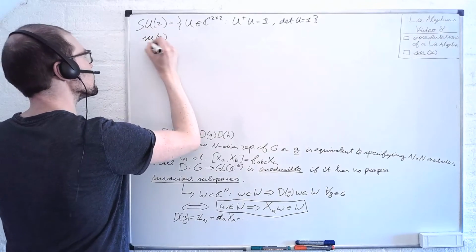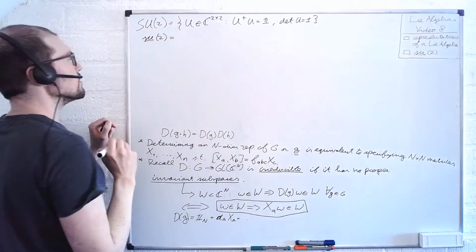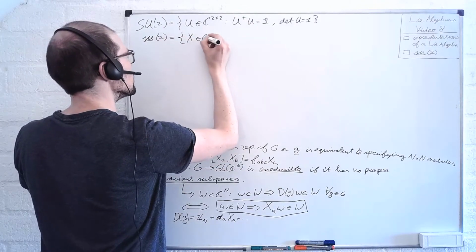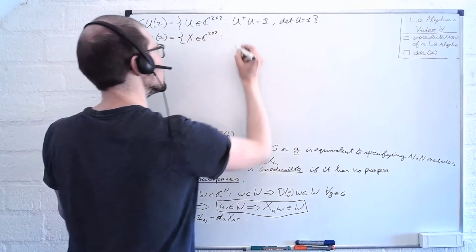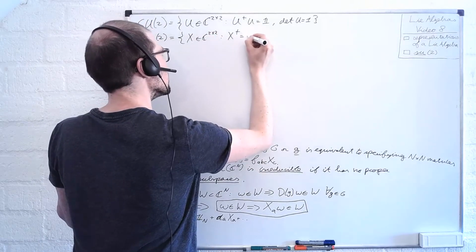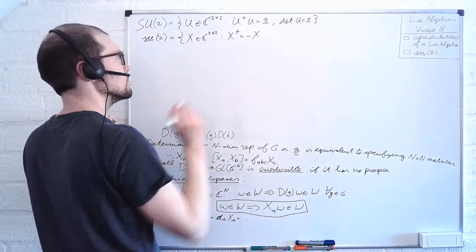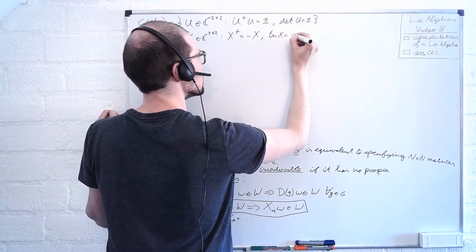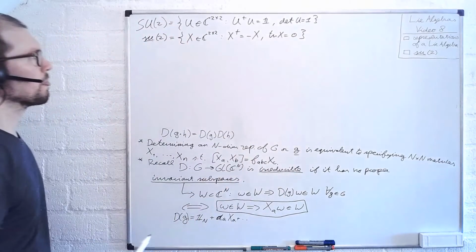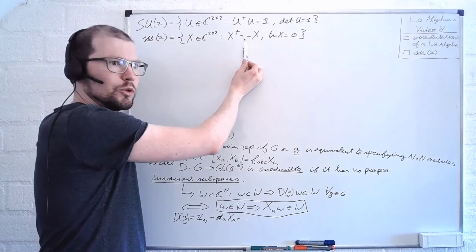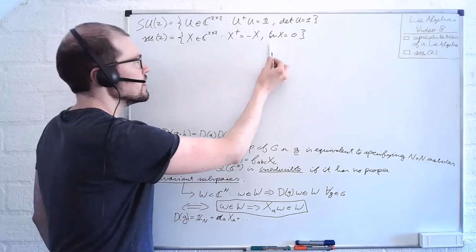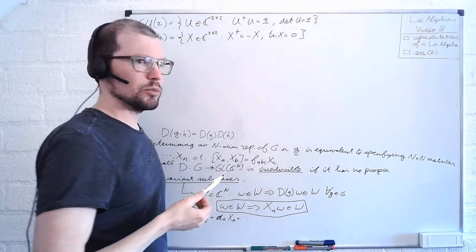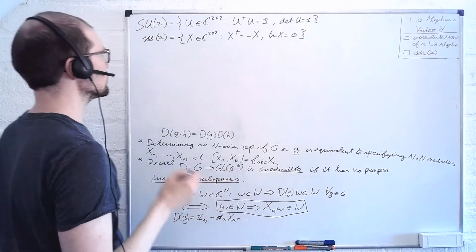And we've seen last week that the corresponding Lie algebra is the set of 2 by 2 complex matrices that are skew Hermitian, or anti-Hermitian if you like, and traceless. The skew Hermitian part was really a consequence of the unitarity, and the tracelessness is really a consequence of the determinant of the group element being equal to 1.